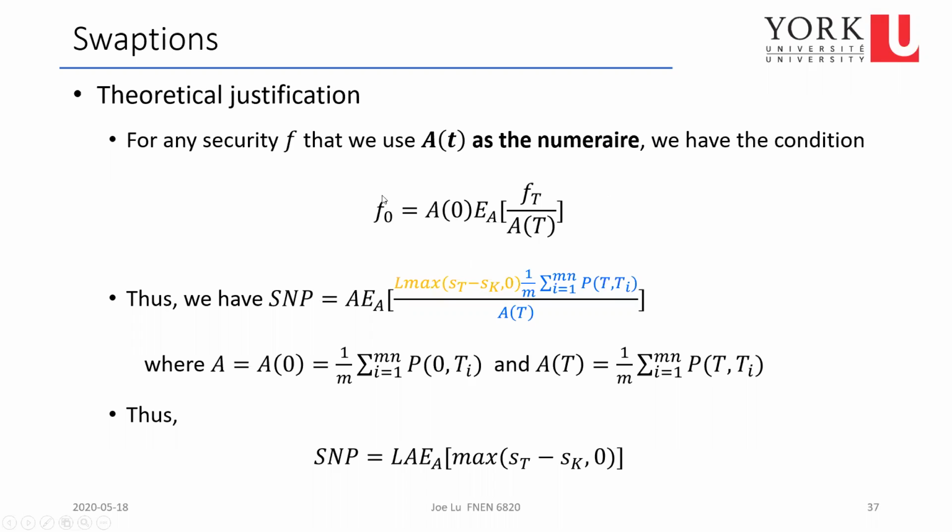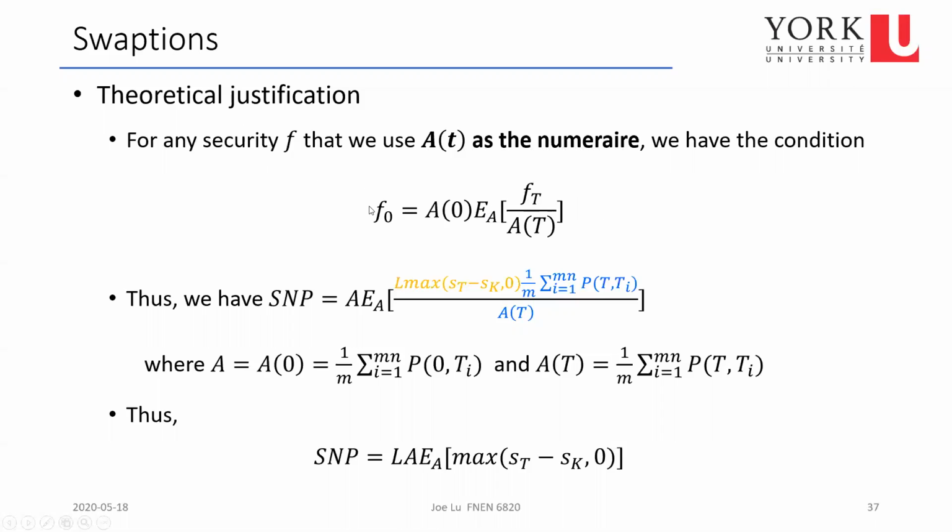Basically, the price of the financial asset divided by A at time equal to 0 will equal the expected value of F_T divided by A_T, where the expectation is taken consistent with the measure that A is used as the numeraire. That applies to any financial asset. It also applies to the swaption that we're looking at, so the swaption will also have this particular expression.